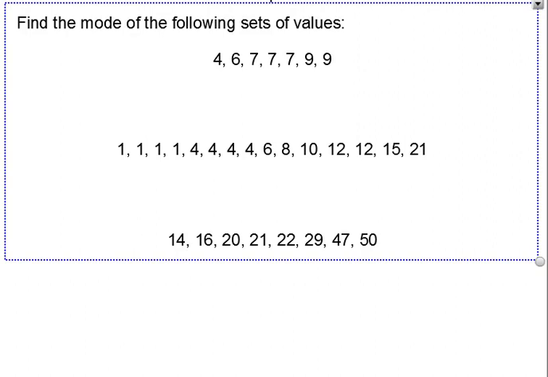Two of the values are repeated, the value 7 and the value 9, but mode means most. Since 7 occurs 3 times, which is more than 9 occurs, we say the mode, which we use a capital M for, is equal to 7.